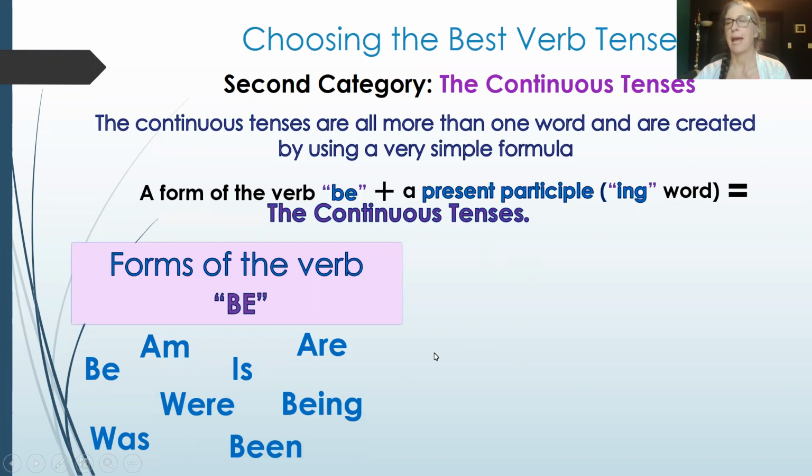Been is the past participle form of the verb be. It's very important that you recognize all of these verb forms as forms of the verb be. The verb be is the most complicated of all of the verbs, and it has more forms. Look at 1, 2, 3, 4, 5, 6, 7, 8. There is no other verb in the English language that has this many different forms.